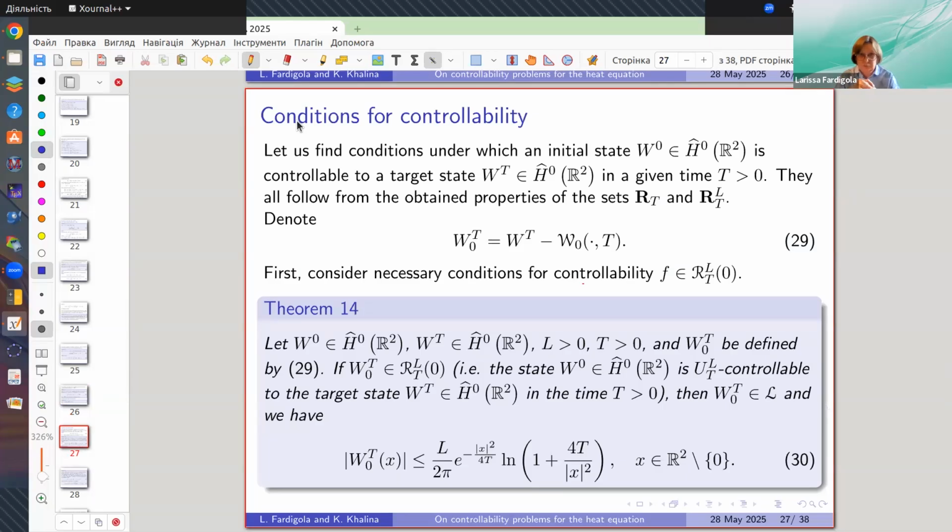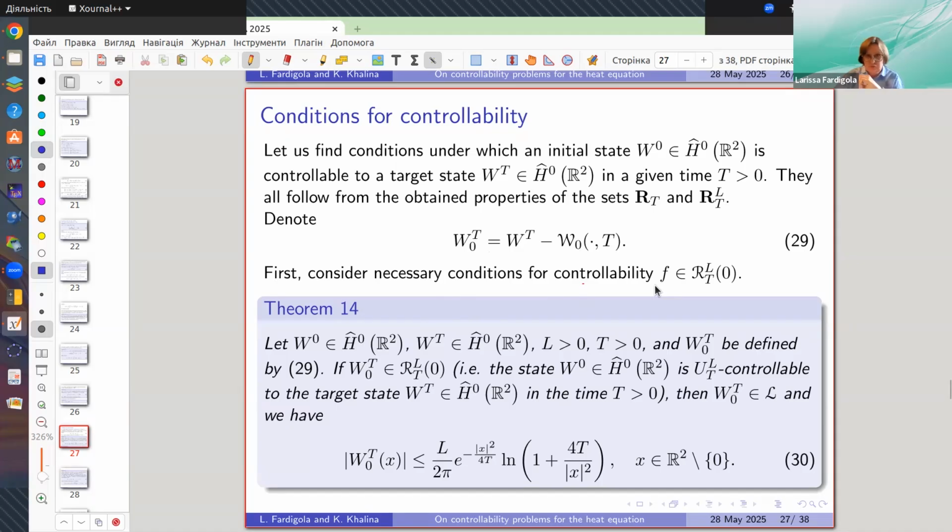And we can formulate the conditions for controllability that follow from properties of both RT and RTL. Denote W0T the difference between WT and W0 of T. And first consider conditions for controllability.